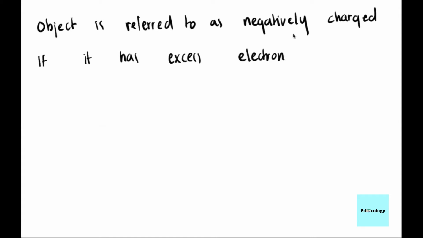So let's say this is an object, and there are a lot of negative charges. There's excess electrons, but there is a deficit in protons. That means that this is negatively charged.